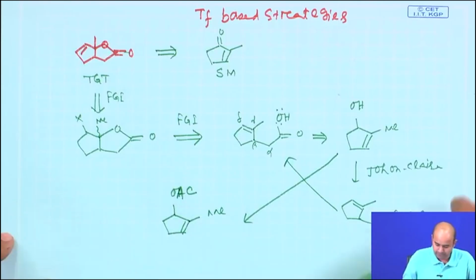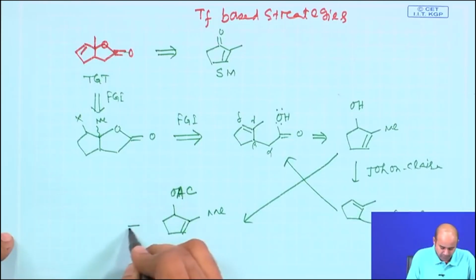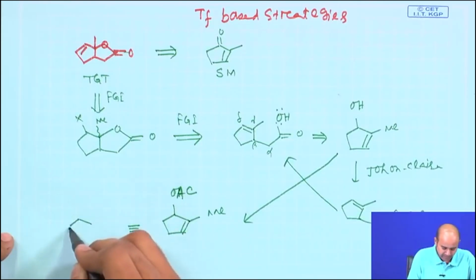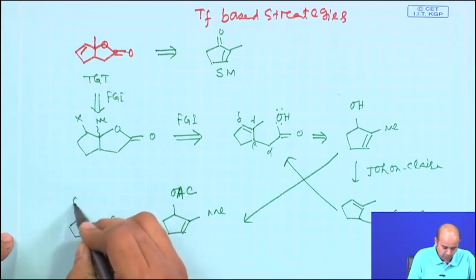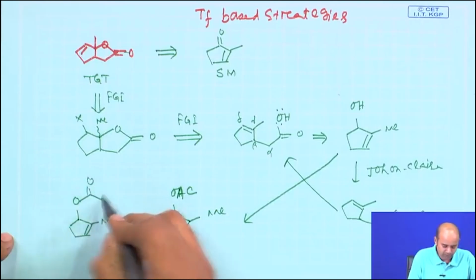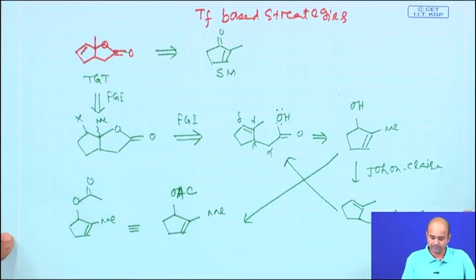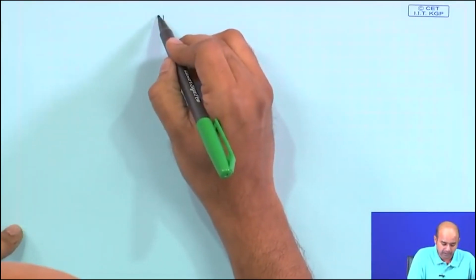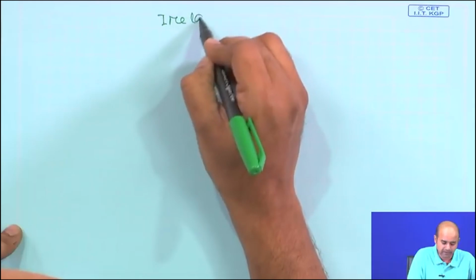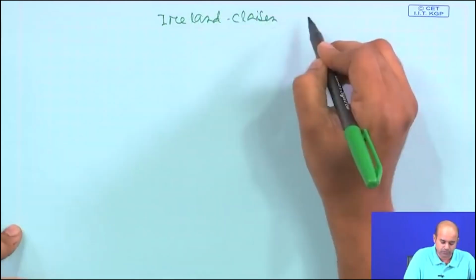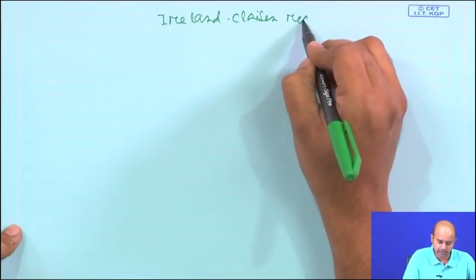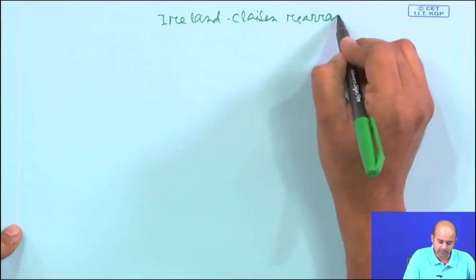Now, acetate is basically OCOCH3. Okay. So, now we will try to use a similar kind of 3 sigmatropic rearrangement which is named the Ireland-Claisen rearrangement. It is a similar variation of the Johnson orthoester rearrangement, named the Ireland-Claisen rearrangement.